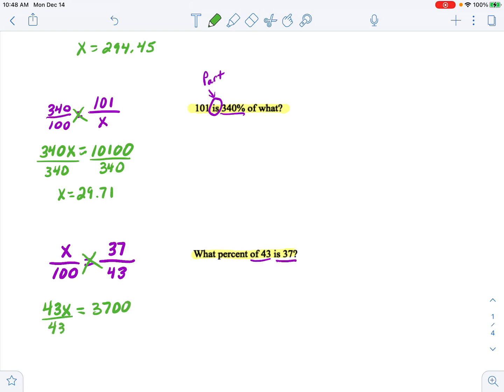Divide both sides by 43 to isolate that x, and 3,700 divided by 43 is 86.05. So x equals 86.05. So roughly 86%, 86% of 43 is 37.